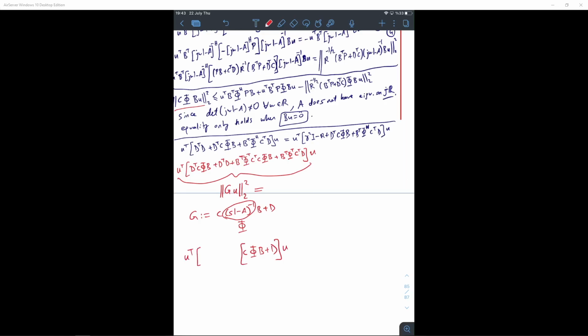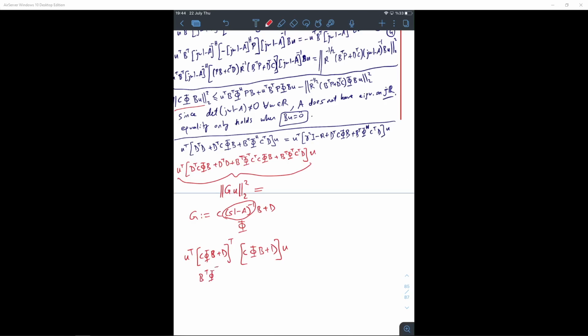U transpose and C phi B plus D transpose, right? This is this expression, okay, and let's expand this a little bit. Before expanding, let's not focus on the U and just focus on the inner terms.